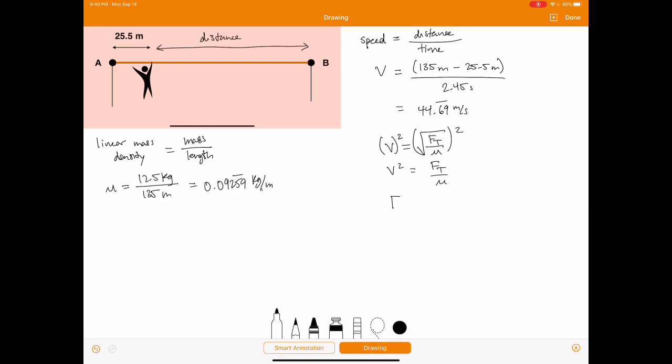So therefore Ft is mu times V squared. Okay, so mu is equal to 0.09259 kilograms per meter. And then V is 44.69 meters per second, and we're squaring that.